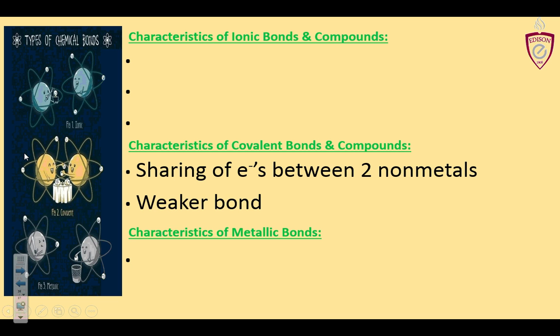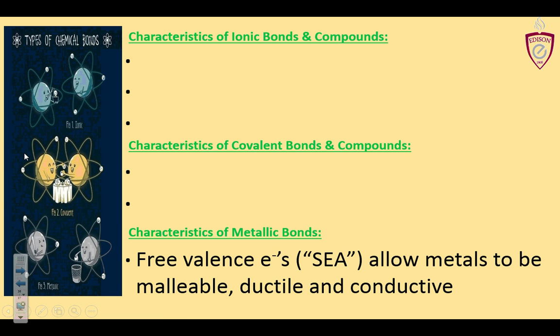Now this last one, metallic bonding, has free valence electrons. When you get a bunch of metal atoms together in bulk, like a billion aluminum atoms sitting next to each other, and you pump some electricity in on one side and let it go out the other side, these electrons start to bathe around the atoms, creating a sea or ocean of free valence electrons.